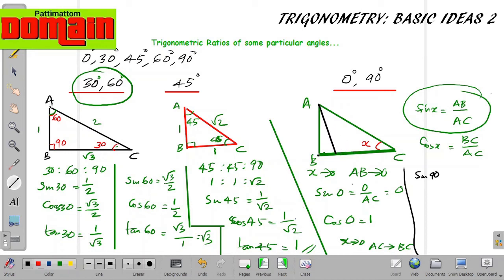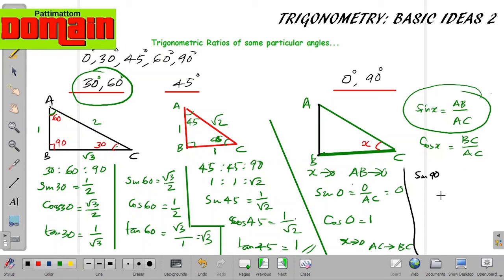Angle X increases and finally angle X becomes 90 degree when BC tends to 0 and AC is equal to AB. AC decreases, BC decreases, AC becomes AB and BC becomes 0. Correct?